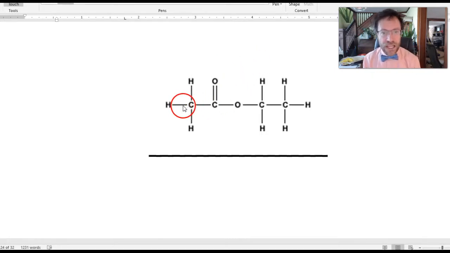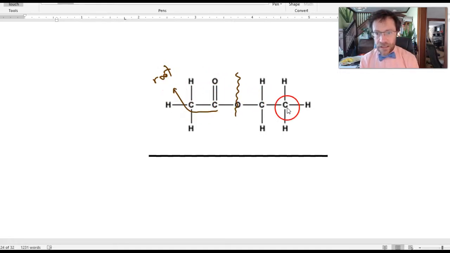All right, once again, carbon. There's our functional group, that's our ester, and there's my oxygen. So I'm going to split it right down the oxygen. This is going to be my root because it has the double bonded oxygen. The double bonded oxygen, this used to be the acid. And here is my alkyl group.